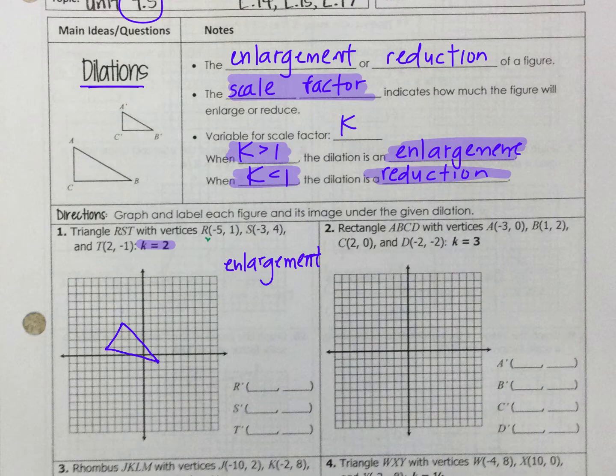So -5 times 2 is -10. 1 times 2 is 2. -3 times 2 is -6. 4 times 2 is 8. 2 times 2 is 4. -1 times 2 is -2. And now I'm just going to graph this new larger figure. So that's what happens when I enlarge a figure by a scale factor of 2.